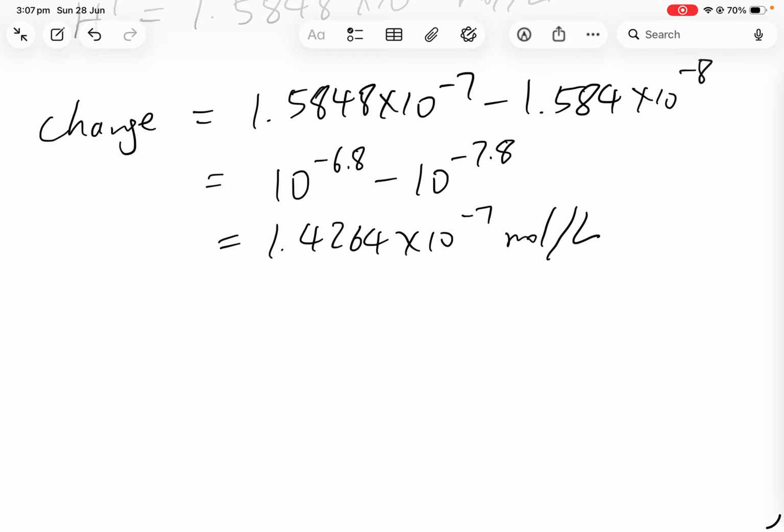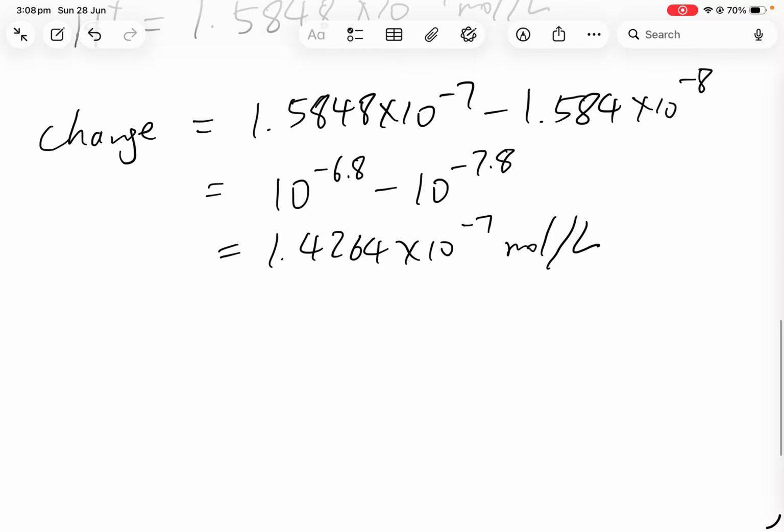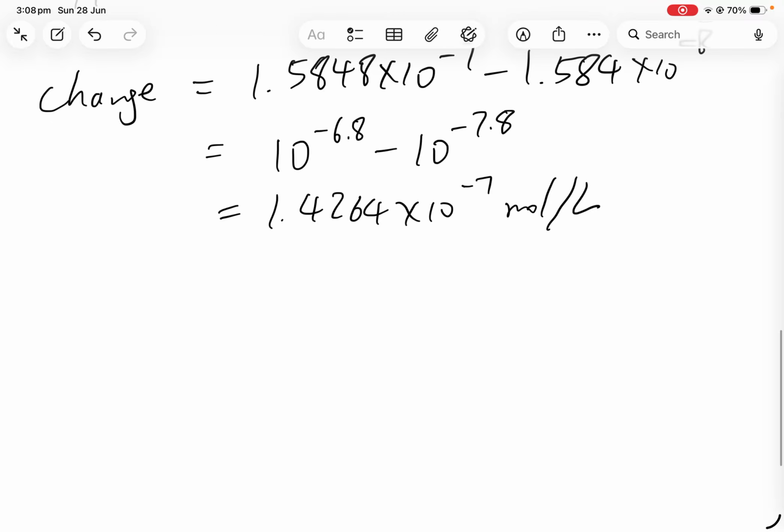Okay, yeah. But the question did tell us that the hydrochloric acid is 12 moles per liter. And we can calculate it from that. We don't even need the number of moles. So if the hydrochloric acid is 12 moles per liter, we need 1.4264 times 10 to the negative 7 moles per liter. And then how much hydrochloric acid do we need for this liter of pool water?